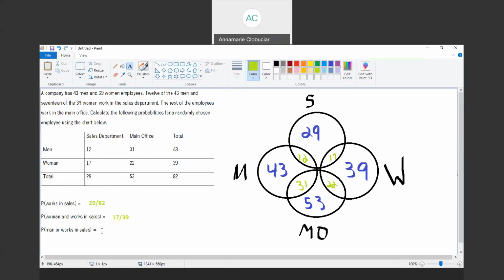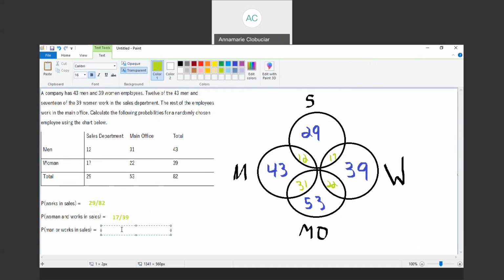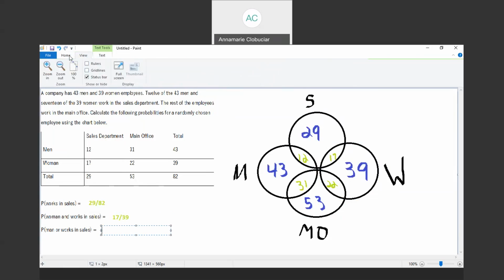And then our last problem is someone who is a man or works in sales. This one's a little bit trickier. Whenever we do a problem like this, you have to do a few different components.